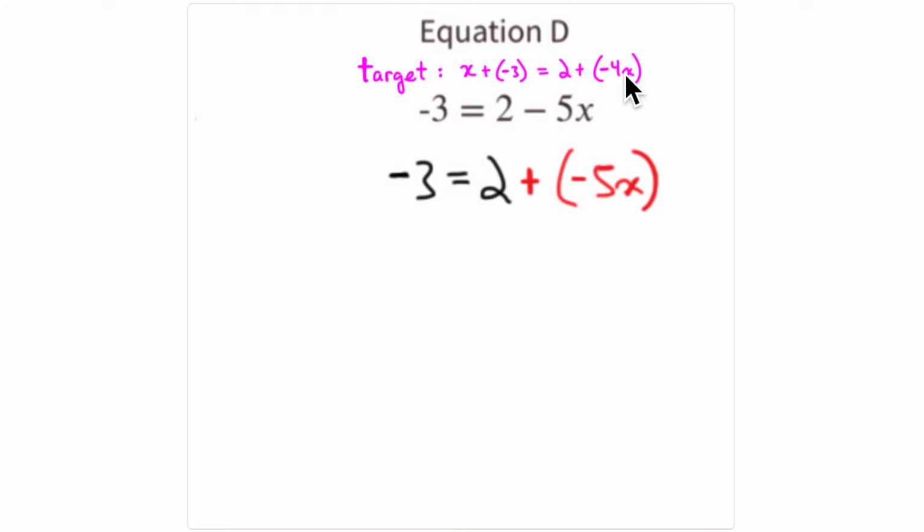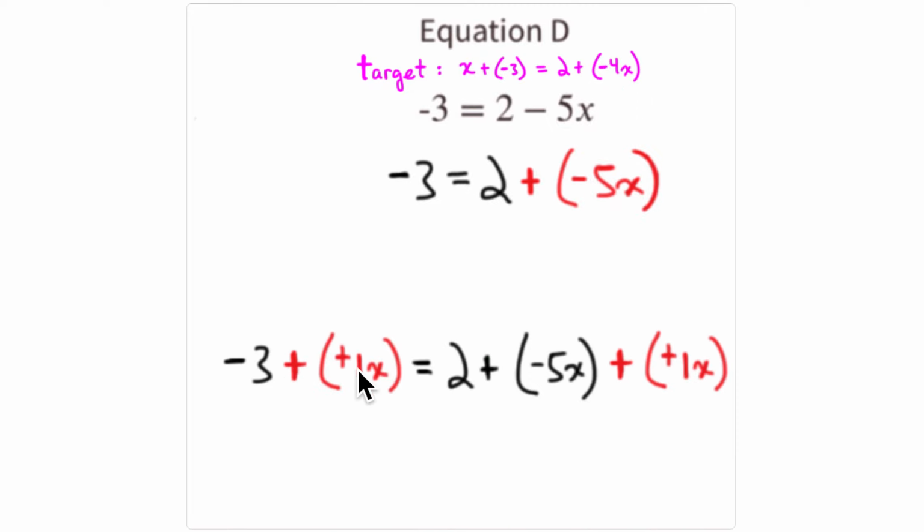I have 2 plus a negative 5x. If I add a positive x here, this will become a negative 4x. So let's do that first. So I'm going to add a positive 1x to each side. This becomes 2 plus negative 4x, which is the same as up here.